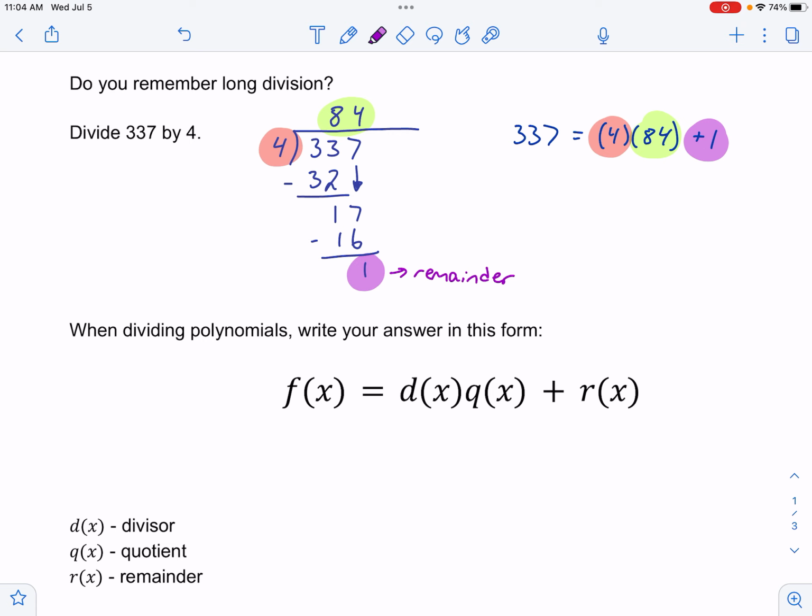Our d of x is the divisor, so that matches up with the 4 that we had before. You could say to yourself, the divisor is, what am I dividing by? So in our previous question, we were dividing by 4. Q of x matches up with 84, and that is our quotient.